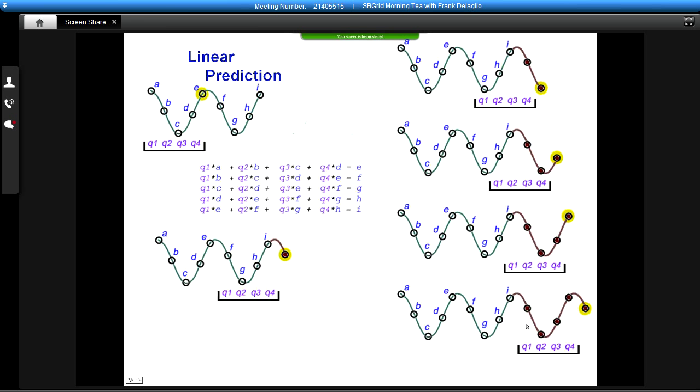So in practice, we use this linear prediction approach to no more than double the size of the experimental data. In other words, we don't want to have more synthetic points than we have original measured experimental points.